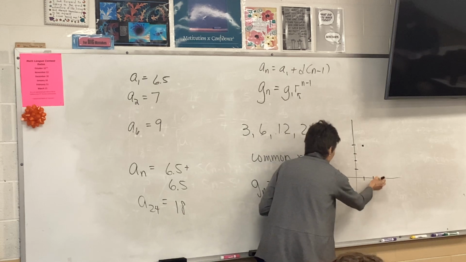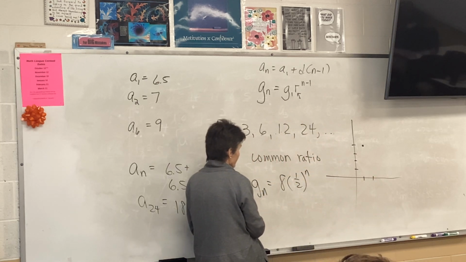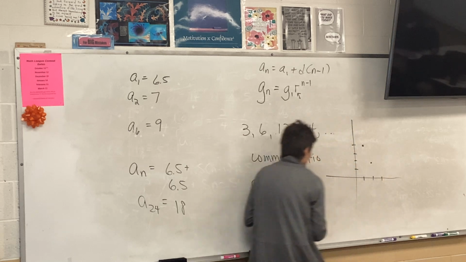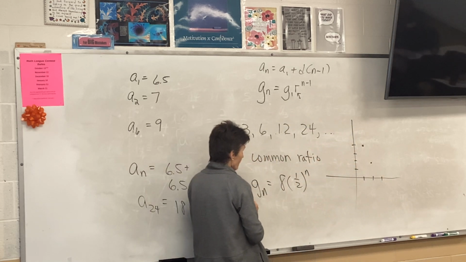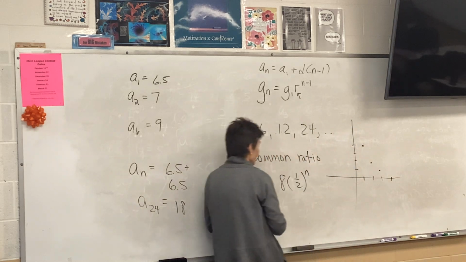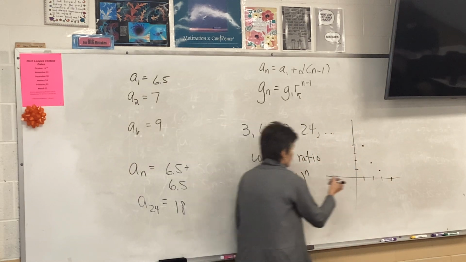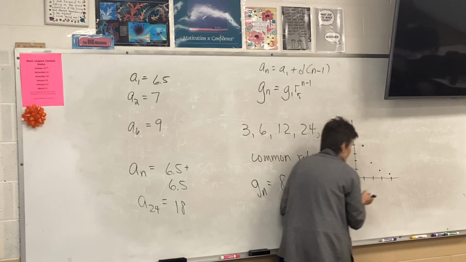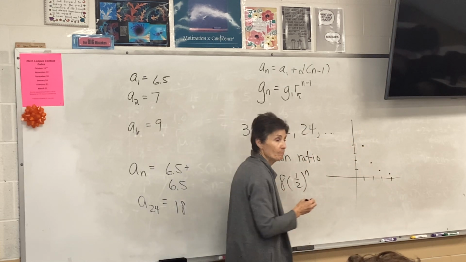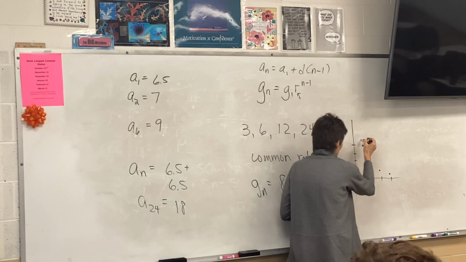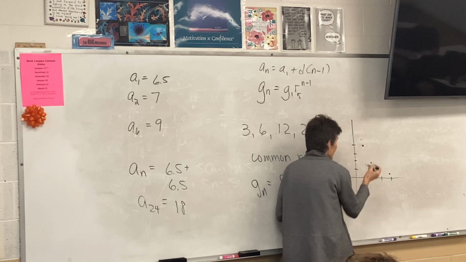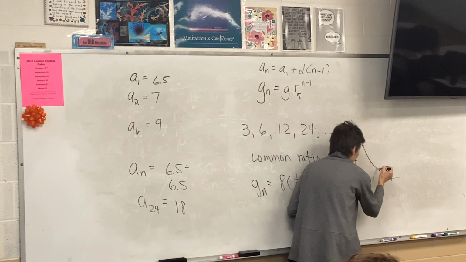When n is 2, 3, I'll go one more, 4. So what's happening here? Can you tell what's happening? They're being divided by 2, but I'm not supposed to connect these. So pretend I'm not connecting them. I want you to see the trend though.